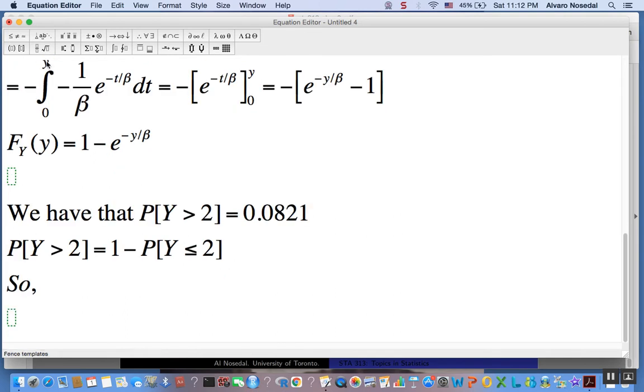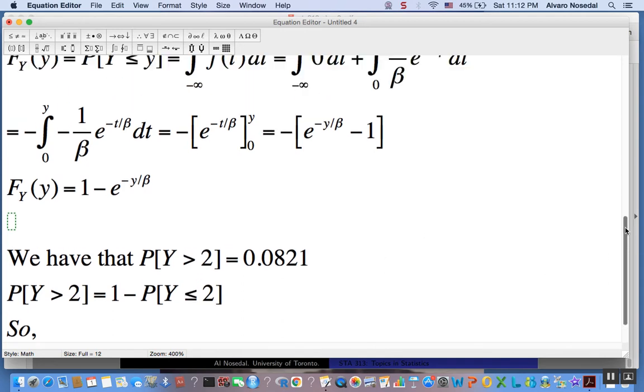So we have that 1 minus the probability that y is less than or equal to 2 is the same as 0.0821, right? Furthermore, this 2 is a positive y.